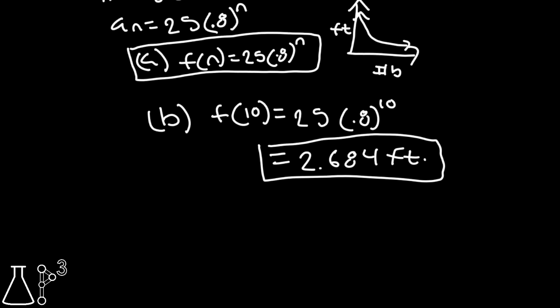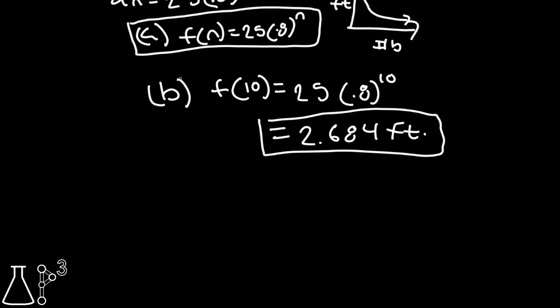So this is an interesting one, because if you notice, it said when will the ball bounce less than 1 foot high. That's showing us an inequality right there, because it's saying basically after how many bounces will it go less than 1 foot high, right? So we're going to get our function here.